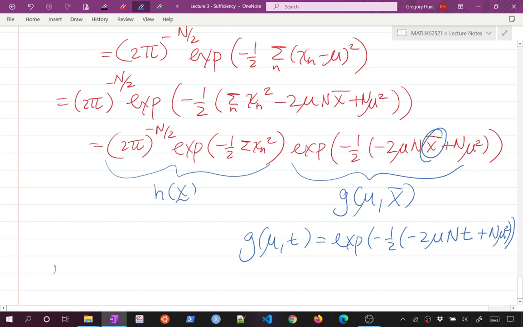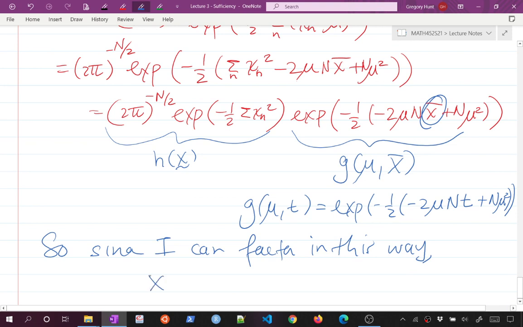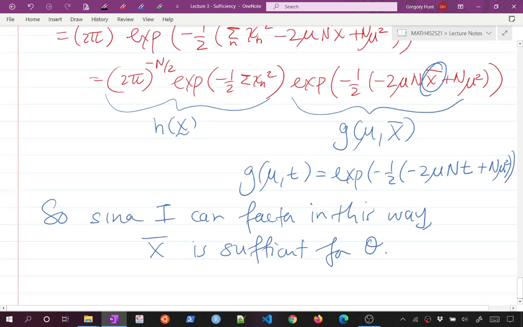And so I've done the factorization. So since I can factor in this way, x bar is sufficient for theta.